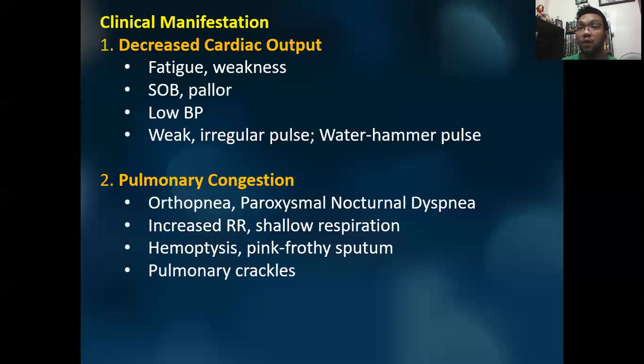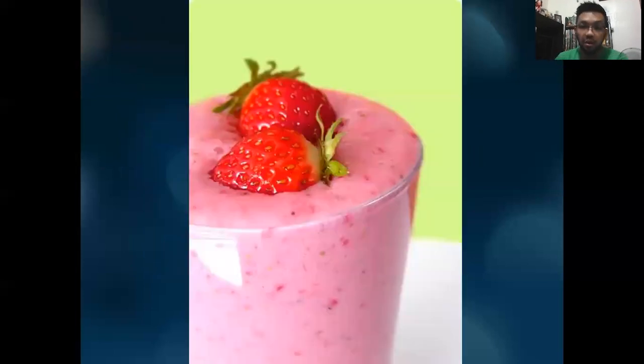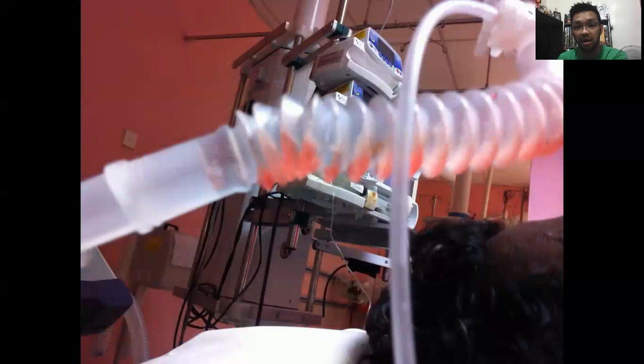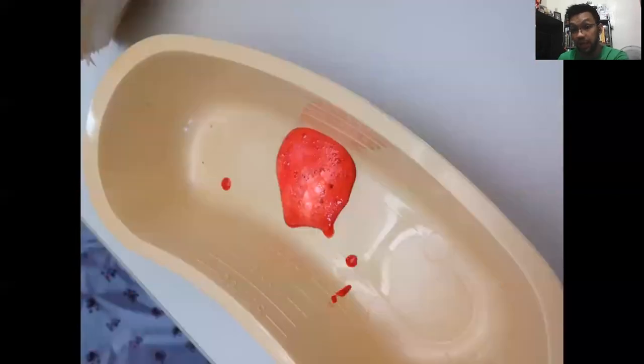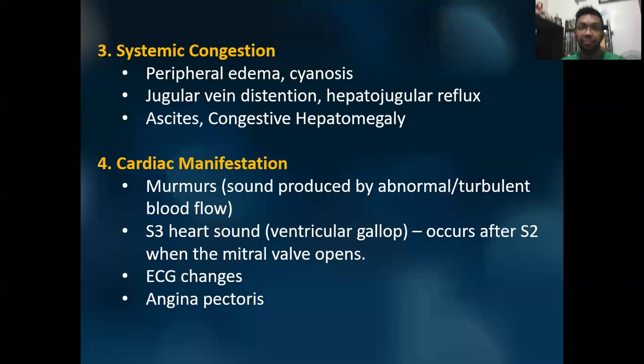You can see that the sputum of the patient looks like a strawberry milkshake. And if you auscultate the lung fields of the patient, you will be able to hear crackles. So this is the pink frothy sputum. It's like a strawberry milkshake, but the real one looks like this here. That's a result of pulmonary congestion.